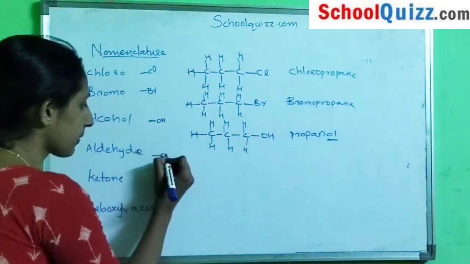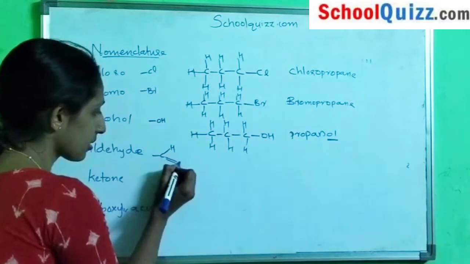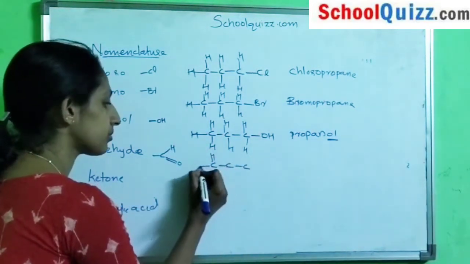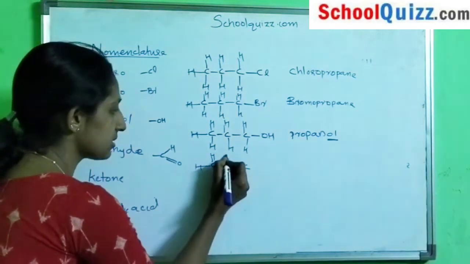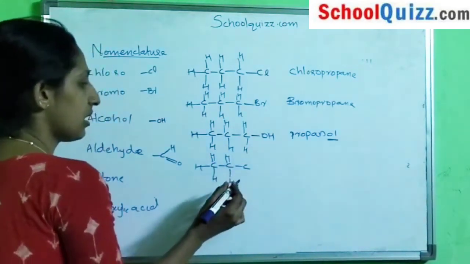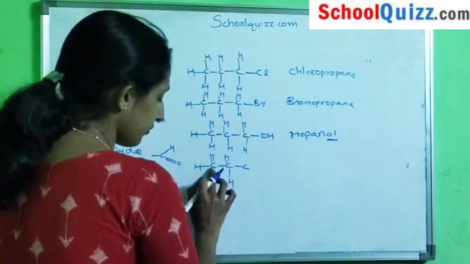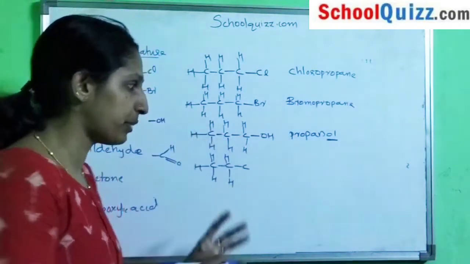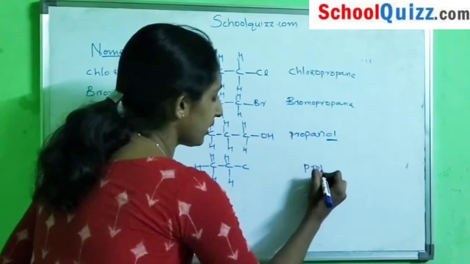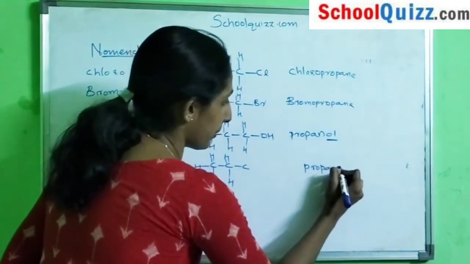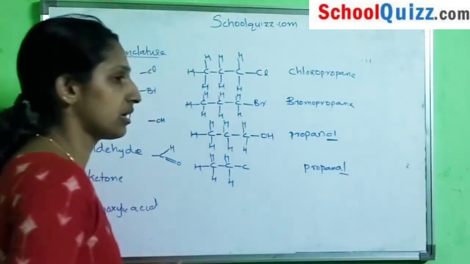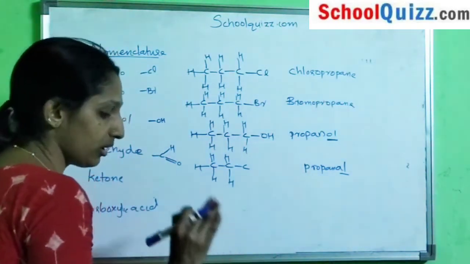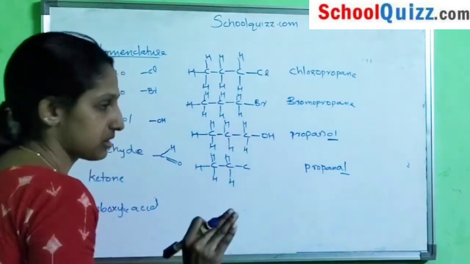Aldehyde group means, okay, we can write the carbon chain, fill the valencies, and here we have to substitute, that is, the aldehyde is propanal. If you name it as propanal, that is, aldehyde means it is known as al. If it is propanal, it should contain only 3 carbon atoms.